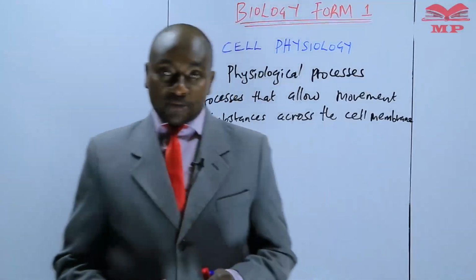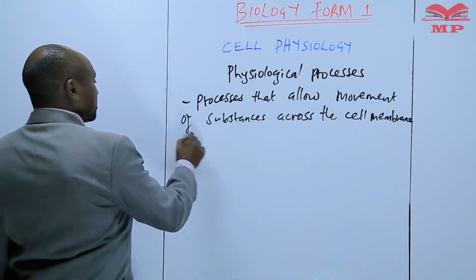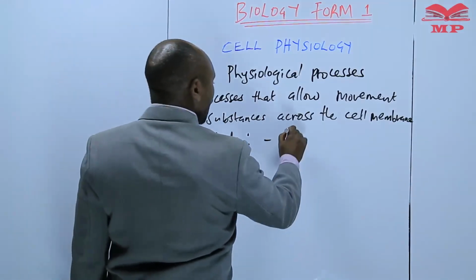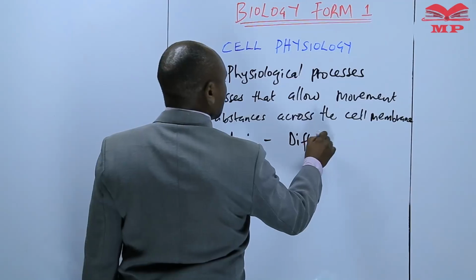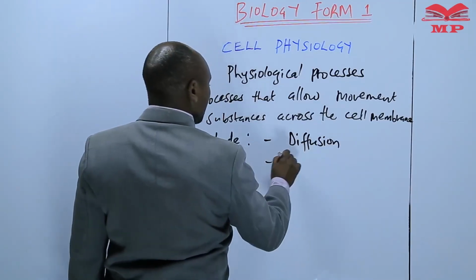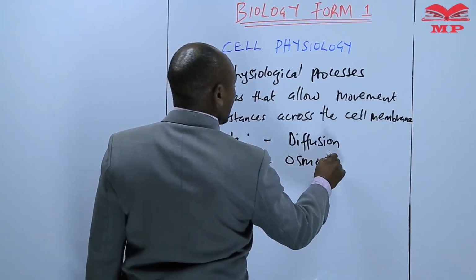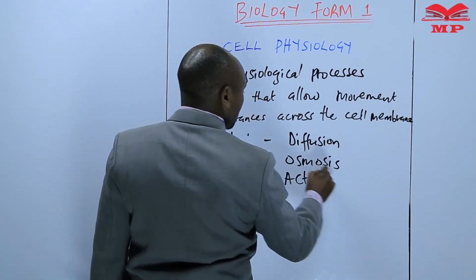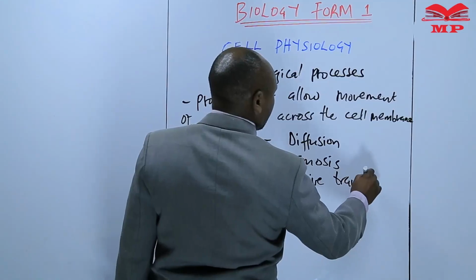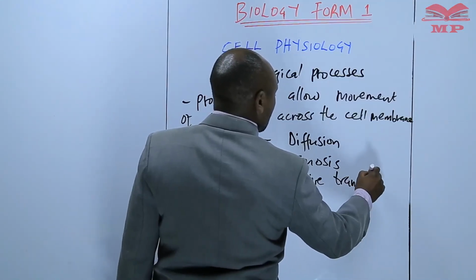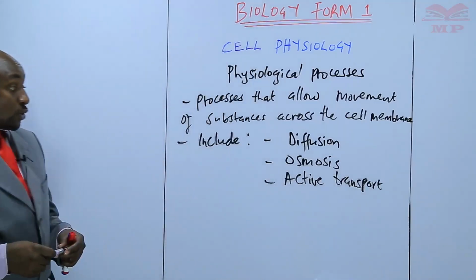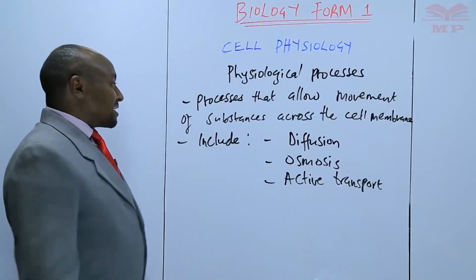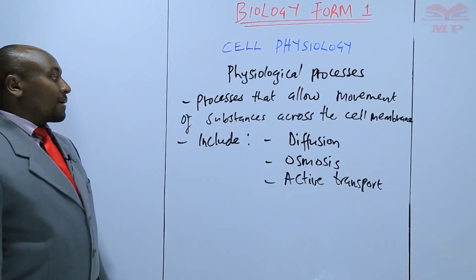Now, which are these processes? They include, one, we have diffusion, we have osmosis, and we have active transport. So those are the three physiological processes that are responsible for the movement of substances across the cell membrane.